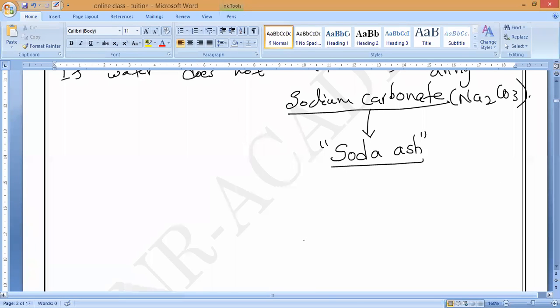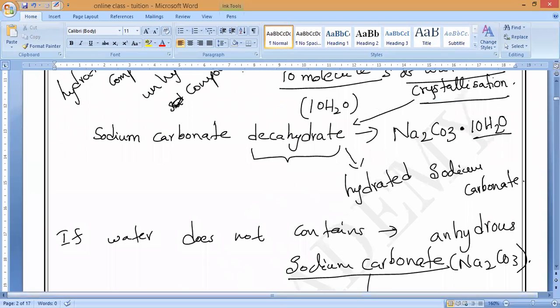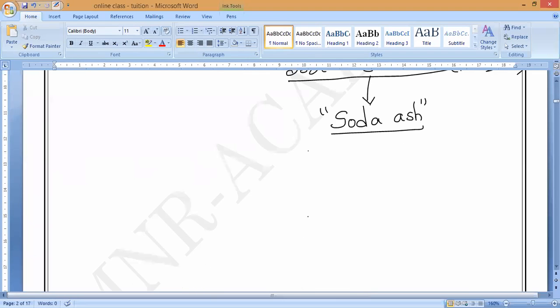How you will remember, I don't know, but you have to remember. Till here, any doubt you can ask me. So soda ash means hydrated or unhydrated? Unhydrated sodium carbonate is called soda ash.